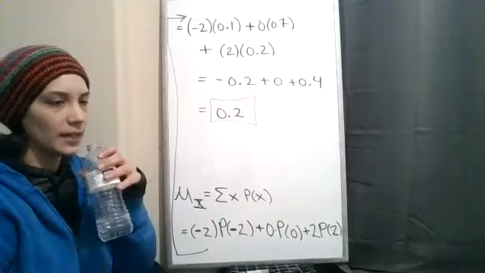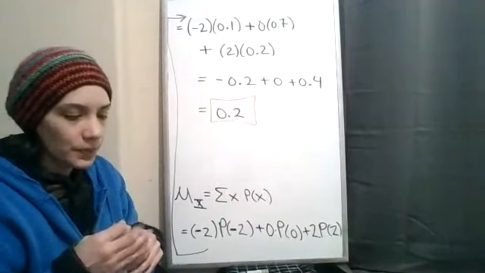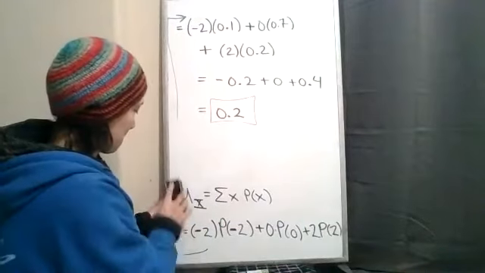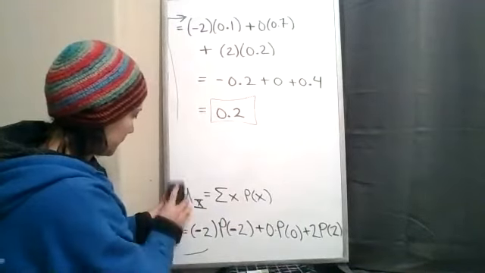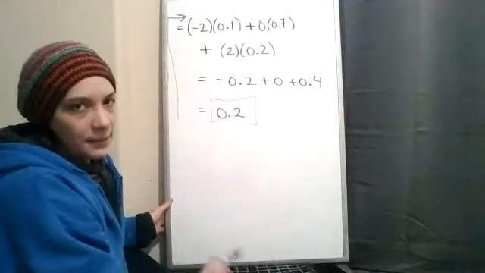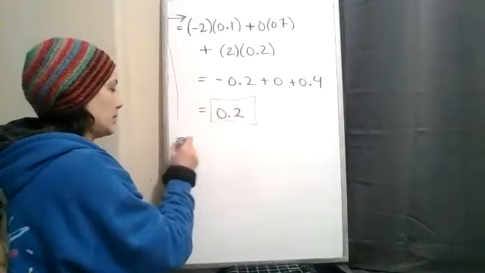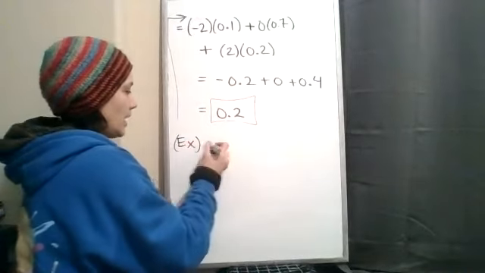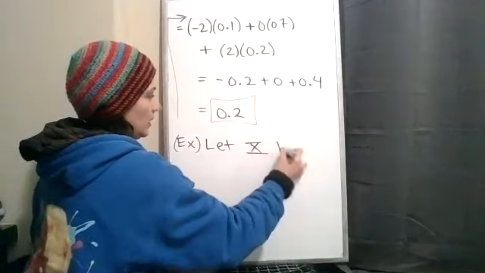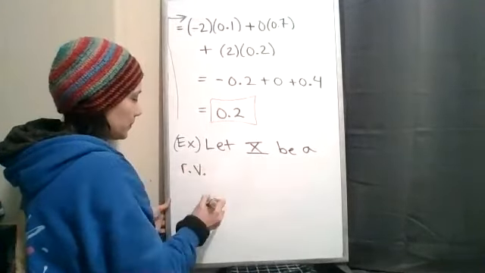Let's do one more, and then we'll be good for now. Do extra examples next time. Okay, I'm going to stick with x as our variable. So, example, we still have x. Let x be a random variable.